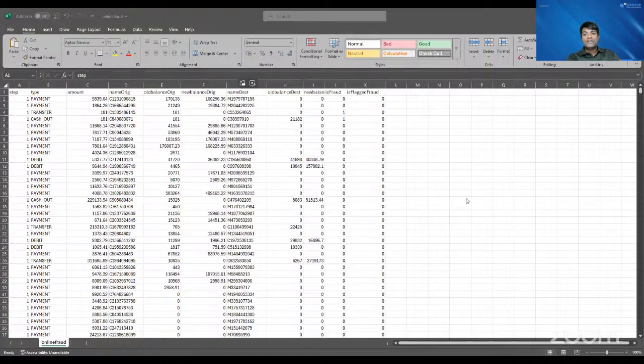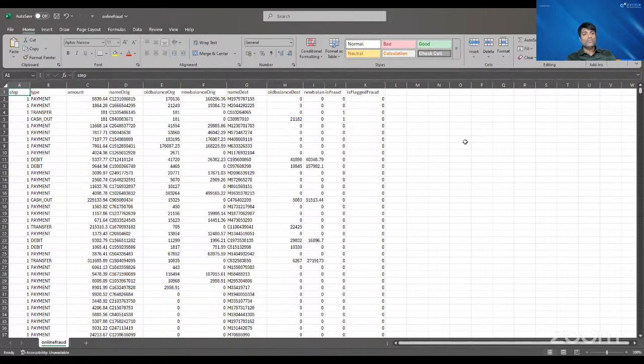Okay, so let me try to help you understand what the things in this data set are, and maybe from there we can take it forward with the application part. Now, the most important thing in this data set is, based on certain scenarios, whether the payment is fraud.